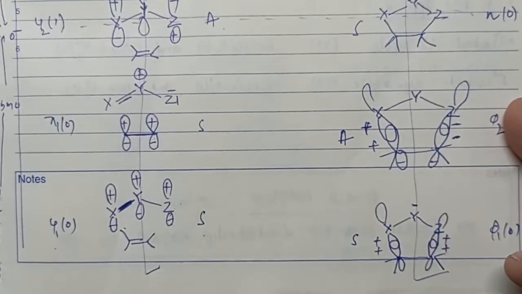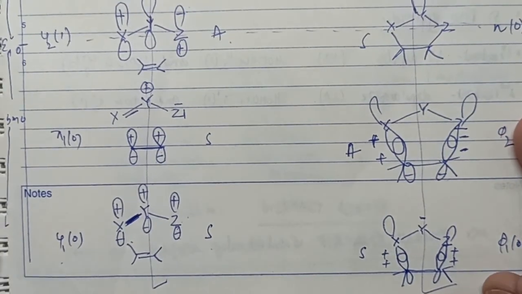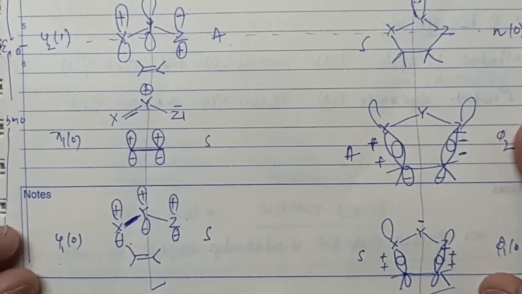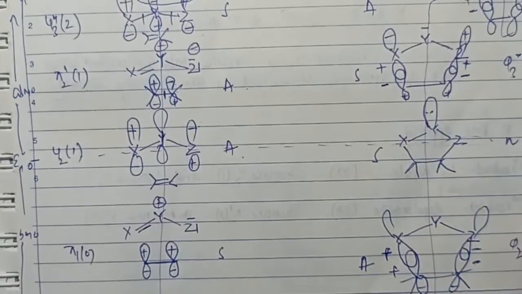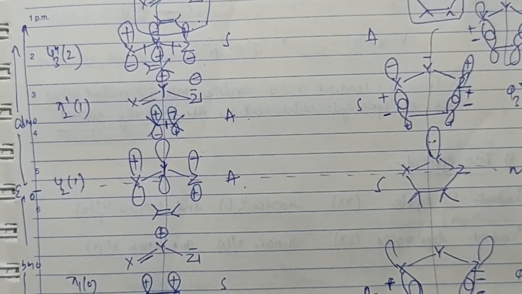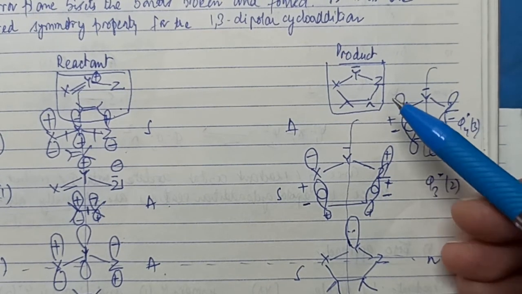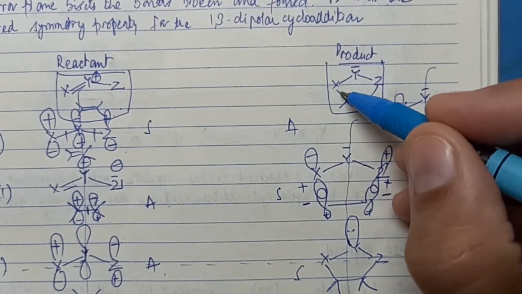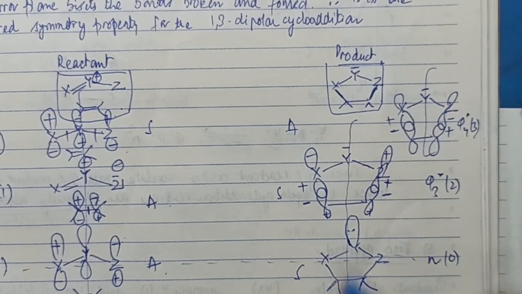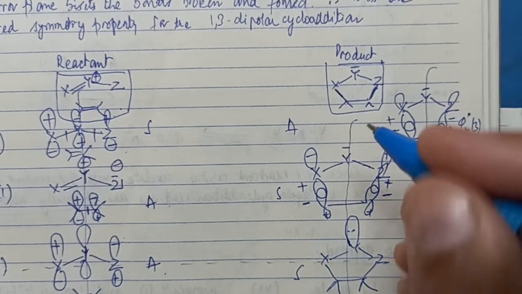So we have assigned symmetry operations to all the 5 reactant molecular orbitals, and the symmetry operations are S, S, A, and S. Now we need to focus on the product. What is my product? As I've told you, my product is a 5-membered heterocyclic ring in which 2 new sigma bonds are formed, and a lone pair is formed.